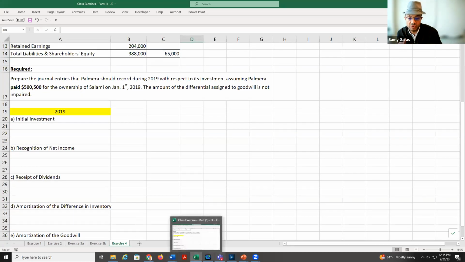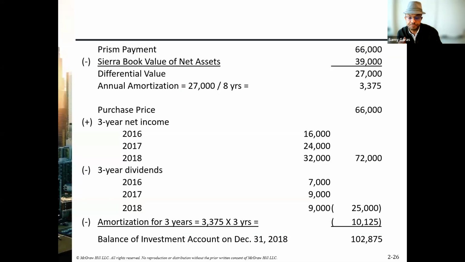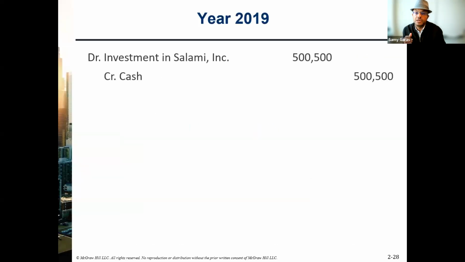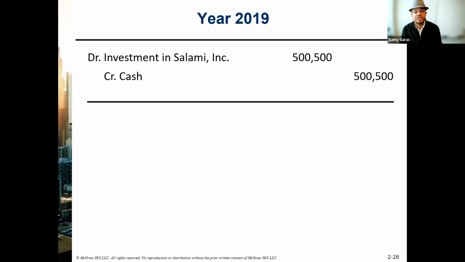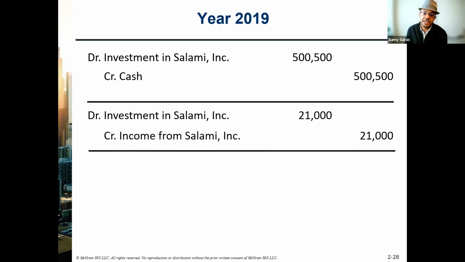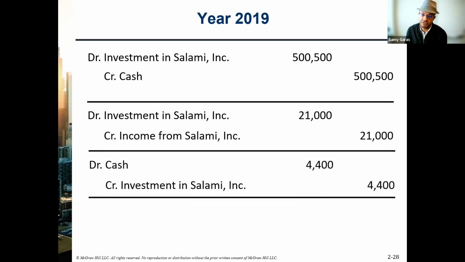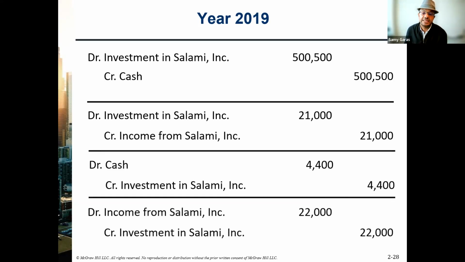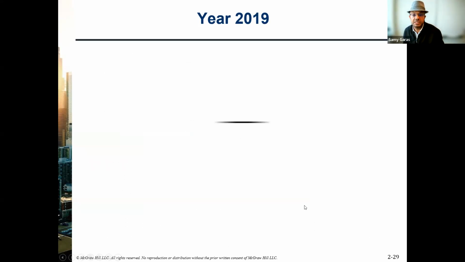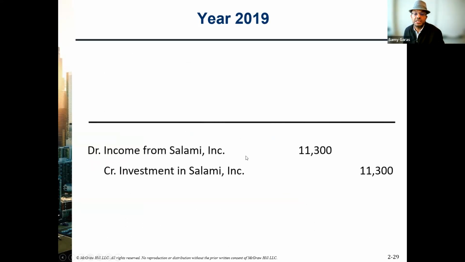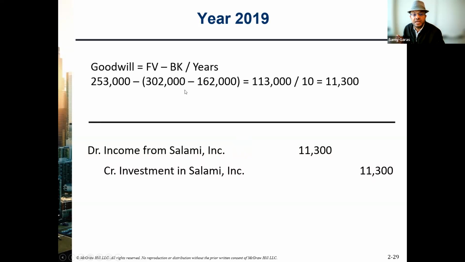And now let us take a look at the answer. So we debit investment, credit cash by 500, and then the income and the dividends, we get them from the exercise. And then here we have the income from Salami, the amortization for 22,000. And for the income from the building and the equipment is here recognized.